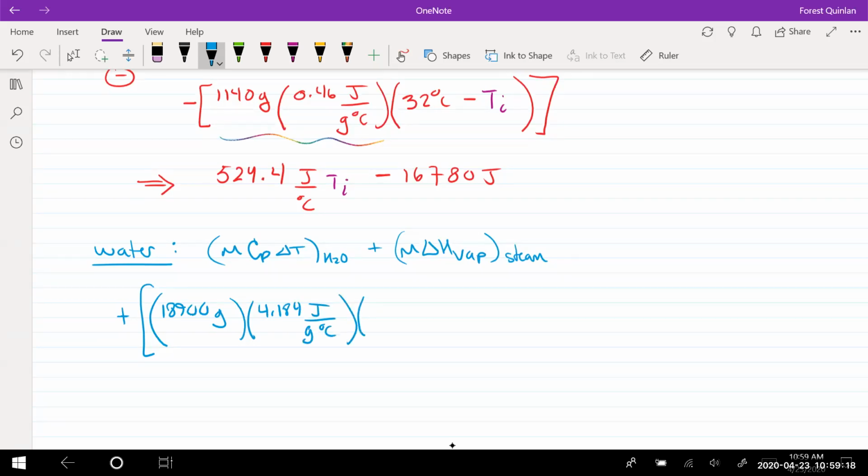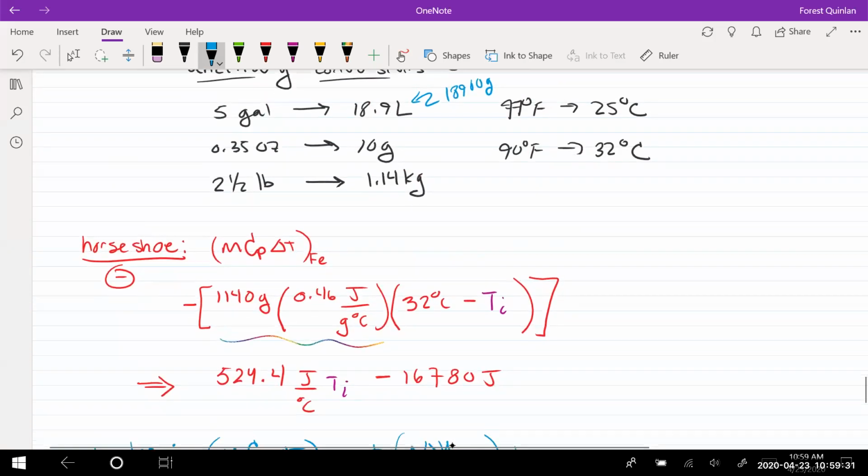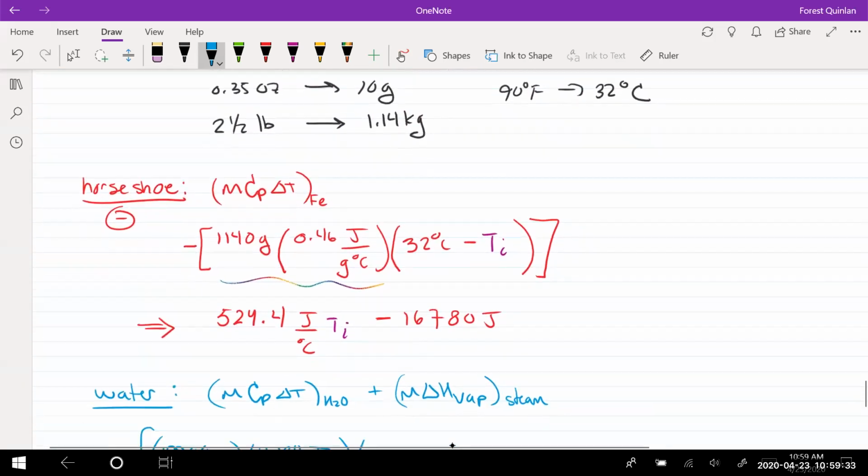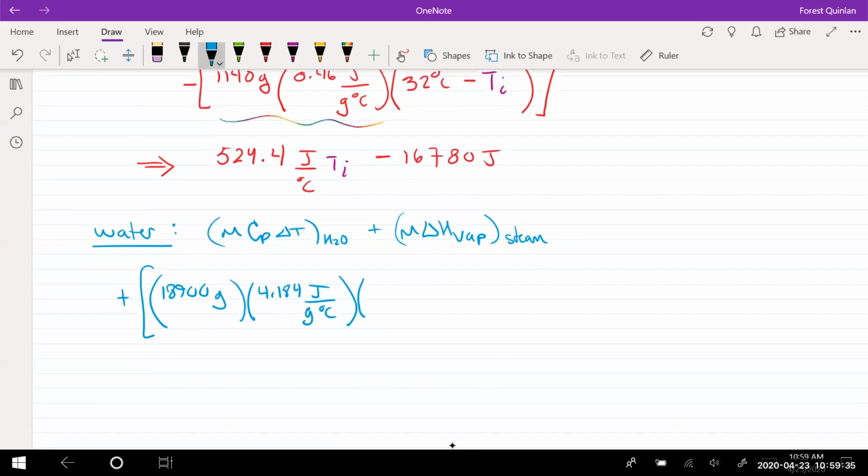And what is our temperature difference there, Ben? Well, you can just give it to me numbers wise, right? We know where we started and we know where we ended. We end at 32 degrees Celsius, and we started at 25 degrees Celsius. So we get a difference of 7. Right.